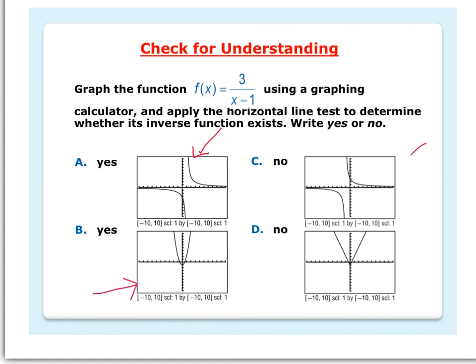In C, no, the inverse does not exist, and the graph given is f. And in D, the inverse does not exist, and that is the graph of f. Go ahead and graph f of x equals 3 over x minus 1. Determine which graph is correct, and whether, based upon that graph, you can decide if the inverse is a function. When you are done, choose A, B, C, or D, and then press submit.